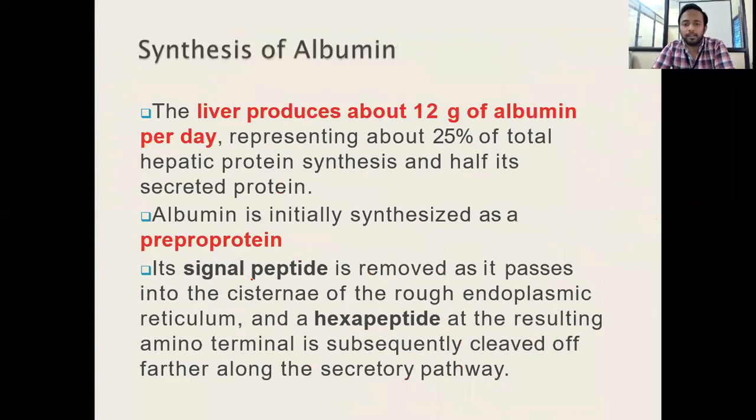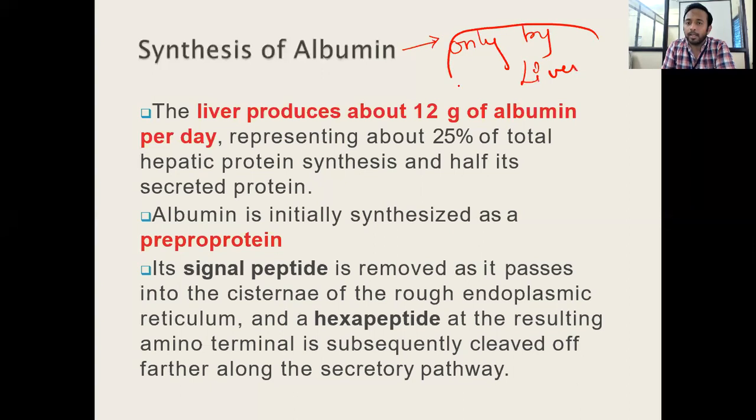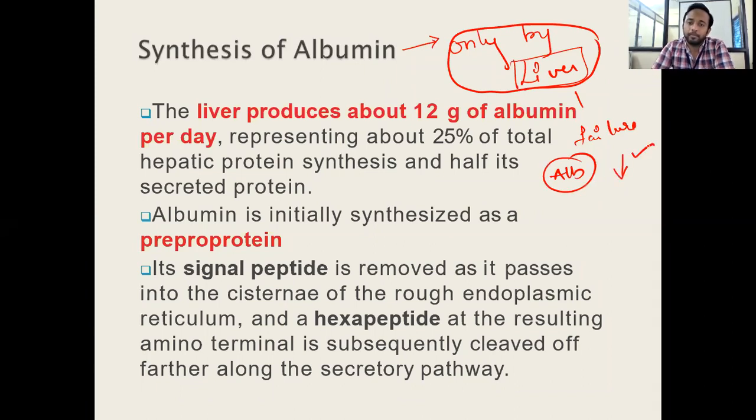When it comes to synthesis, I don't think you need to know the synthesis, but one thing you should know: albumin is only synthesized by the liver. No other organ can synthesize albumin in the body. If there is failure of the liver, what happens to albumin levels? Will it decrease? Yes. Whenever there is liver damage because of various reasons, it might be infections like hepatitis, or alcohol consumption, alcoholic hepatitis, alcoholic liver cirrhosis, or hepatic failure, anything.